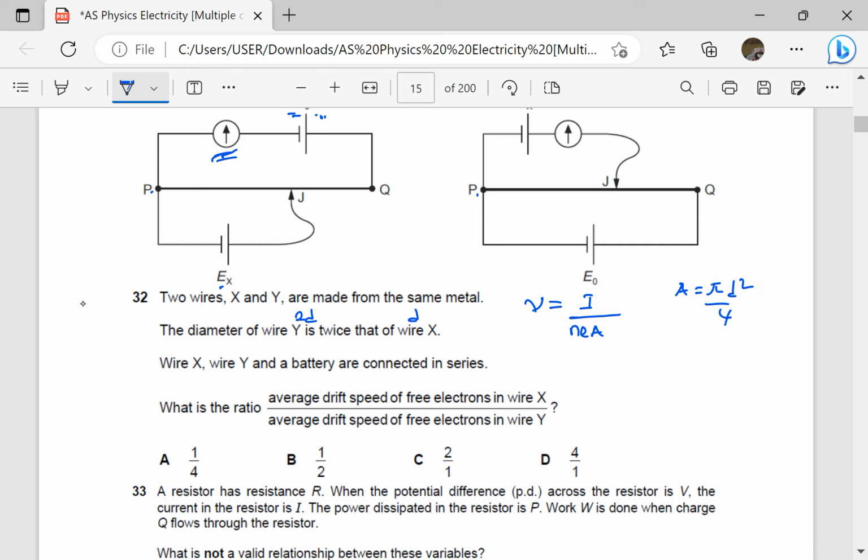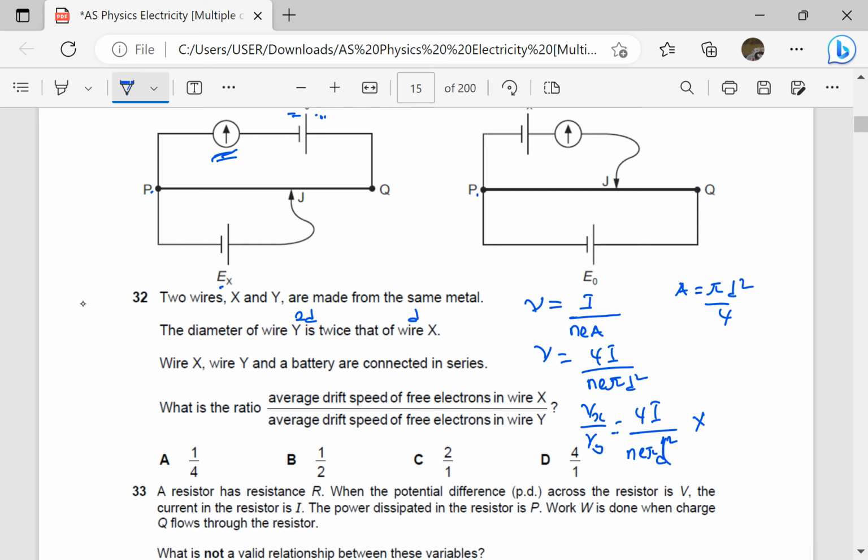So drift speed is going to be 4I divided by n e pi d squared. We want the drift speed of wire X, Vx, over the drift speed of wire Y, Vy. So this is going to be 4 I, the current is the same, n is the same, e is the same, times pi, the diameter for X is D, so D squared.